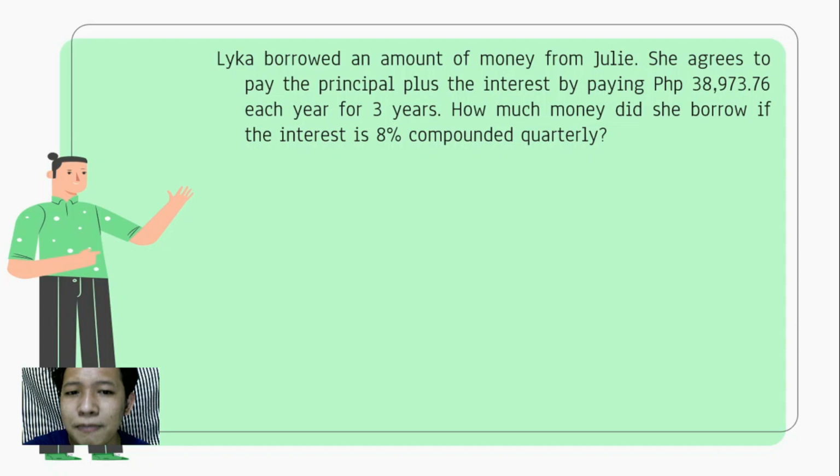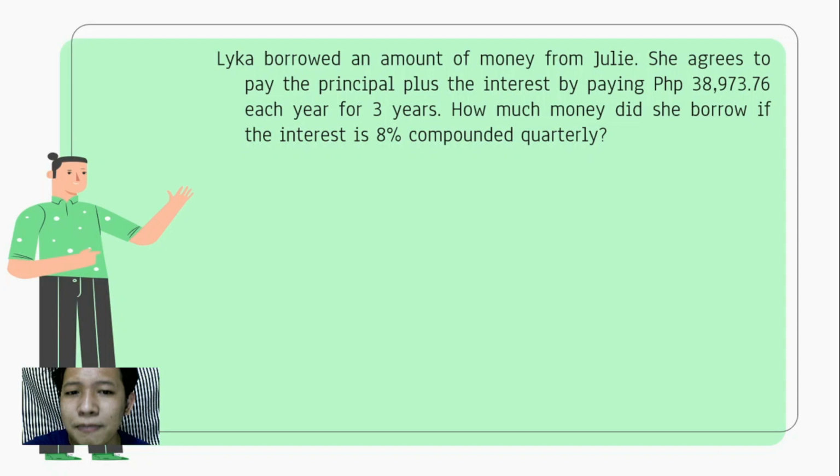So, ibig sabihin, 3 beses siya magbabayad ng 38,973.76 kasi 1 beses lang sa isang taon. Okay, so how much money did she borrow if the interest is 8% compounded quarterly?